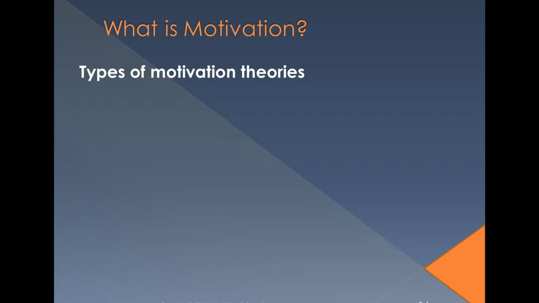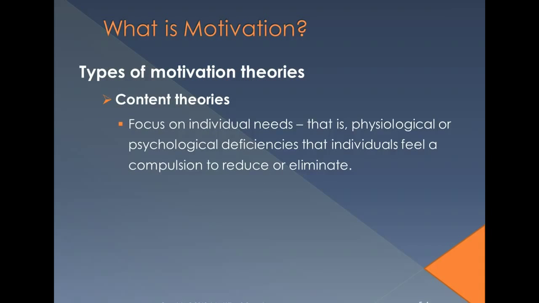So let's talk about some types of motivation theories that are out there. One theory I want to talk about is the content theory. Now, the content theory of motivation focuses primarily on individual needs.